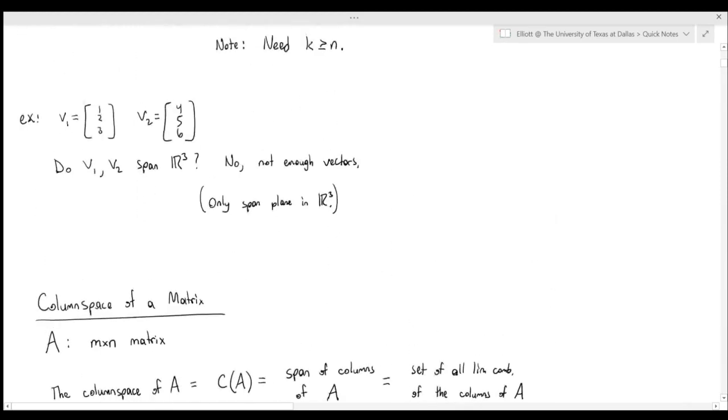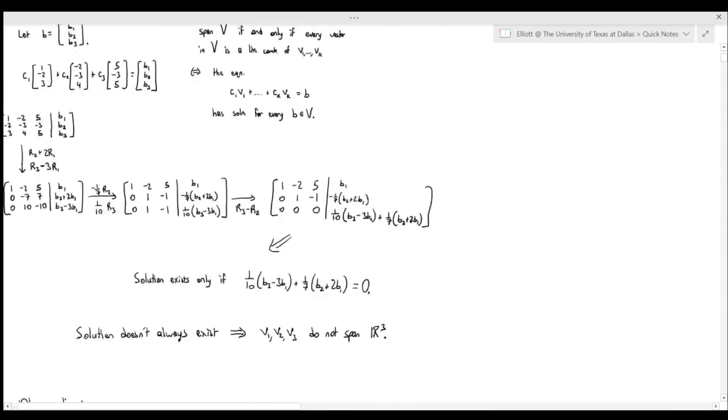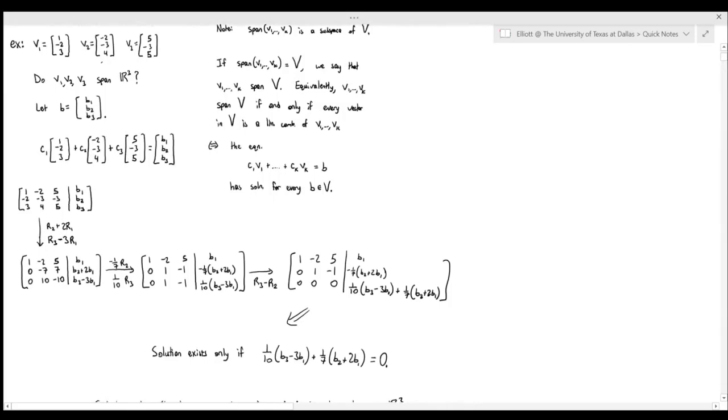I would like to return real quickly to the example that we did earlier over here. All right, so if we take this matrix A over here, and we ask what would the column space of A have been in this example?